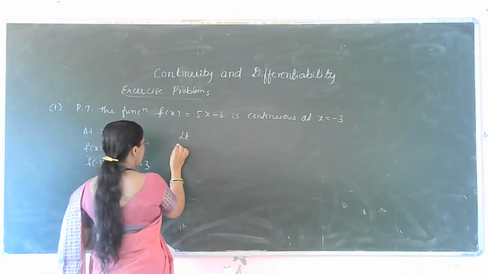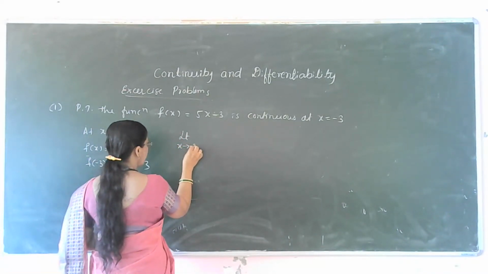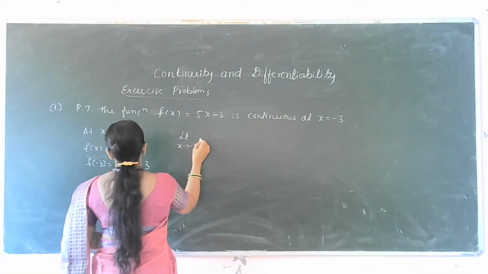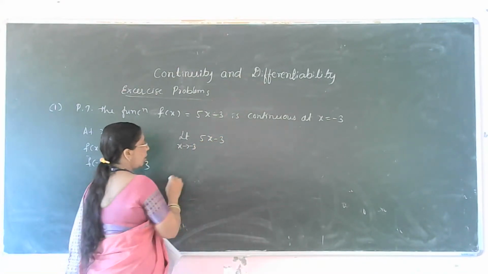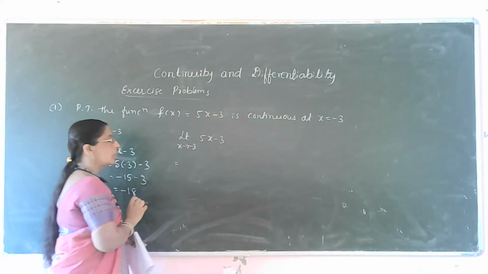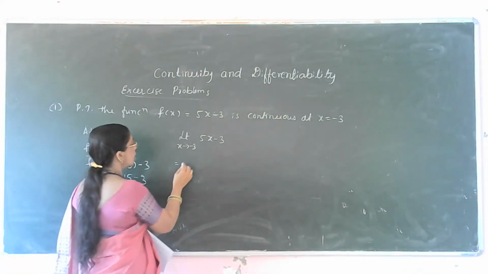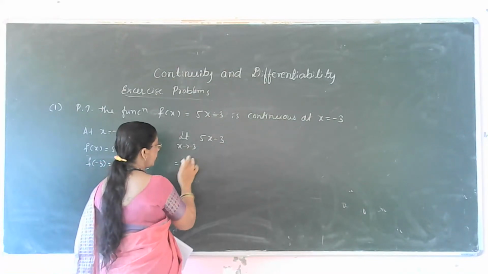Then we take the limit of the function as x tends to minus 3. Here 5x minus 3 is a polynomial function, as we already studied in the previous class on limits.